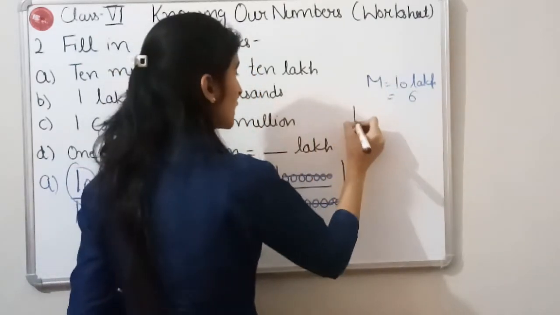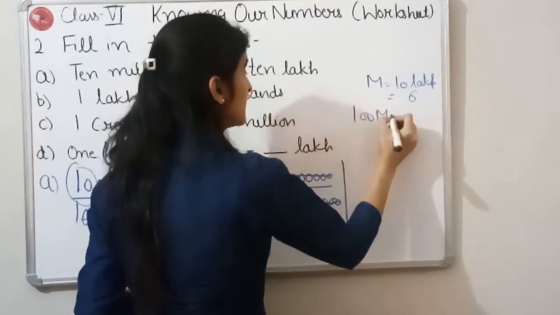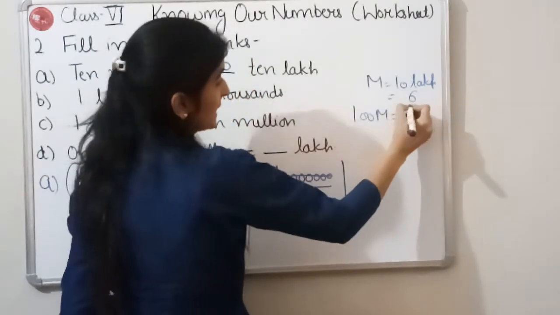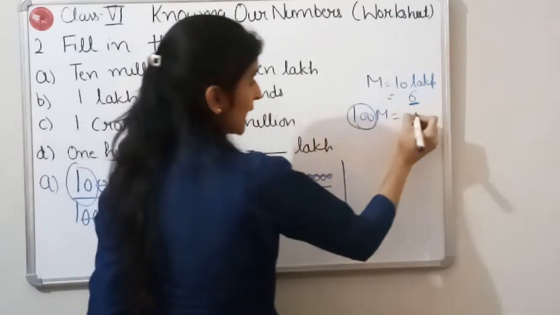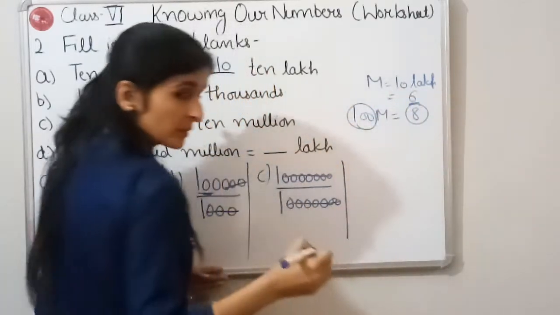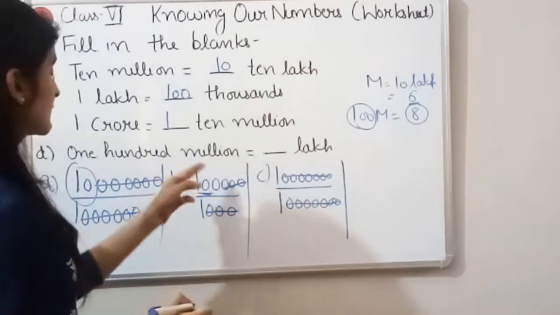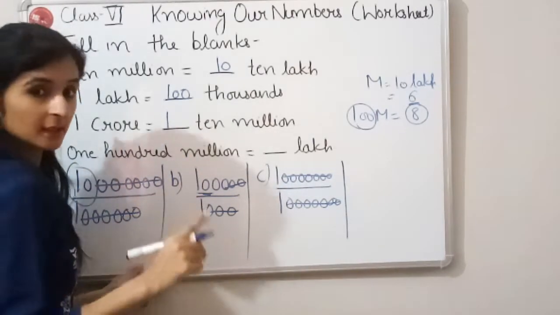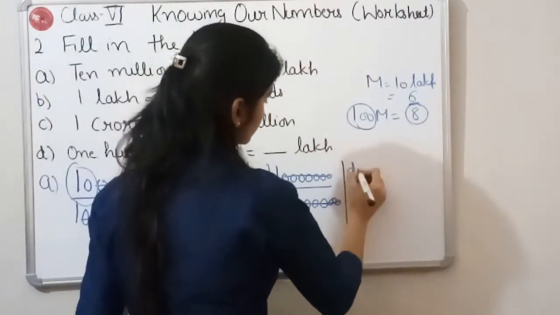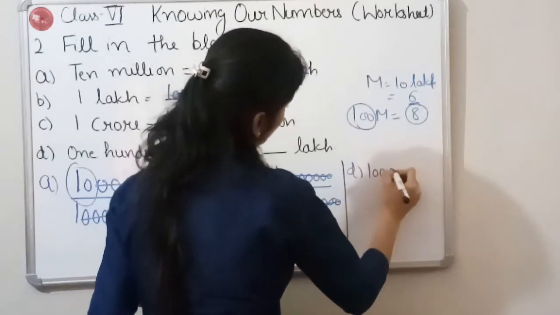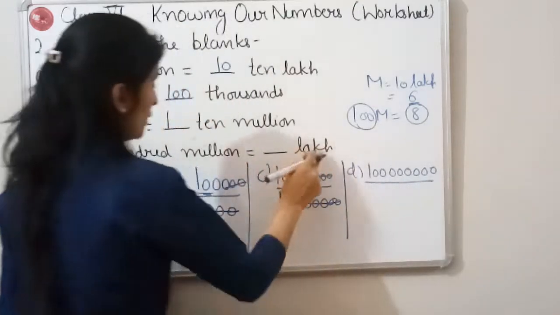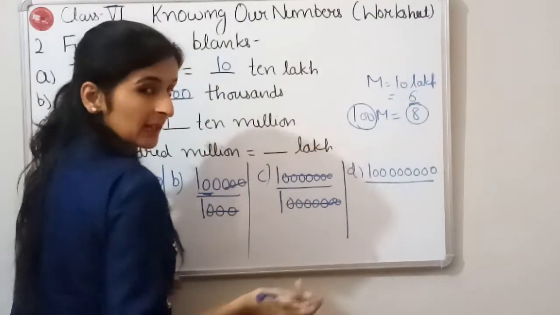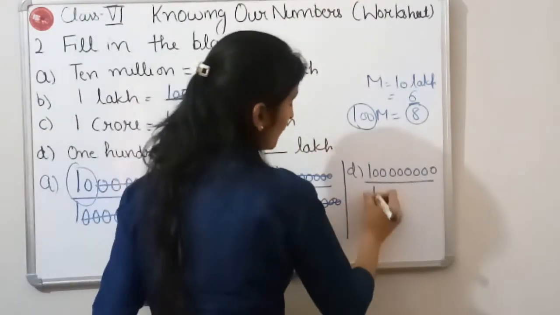But for 100 million, in these 6 zeros we have to add 2 more zeros. That means 8 zeros. Yes, so 100 million means 8 zeros: 1, 2, 3, 4, 5, 6, 7, 8. Now there is lakh. In lakh how many zeros are there? 5.